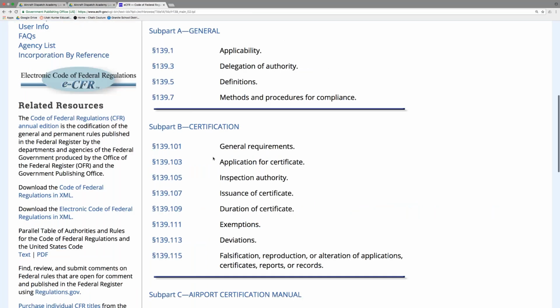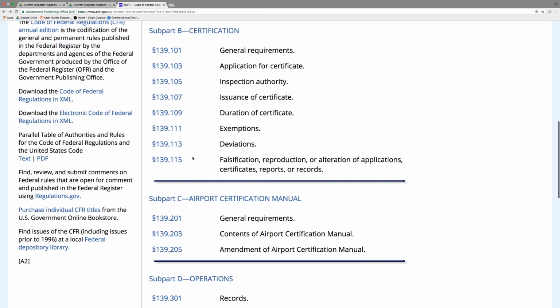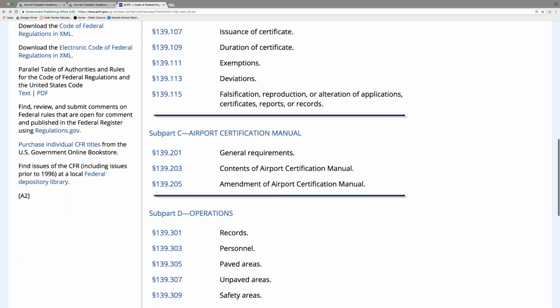Okay. It talks about how long their certificate lasts once they're listed as an airport. Any exemptions for the airport, deviations. So this is kind of like the op specs, right, for the airport. You'll see the FAA is really consistent in their documentation.